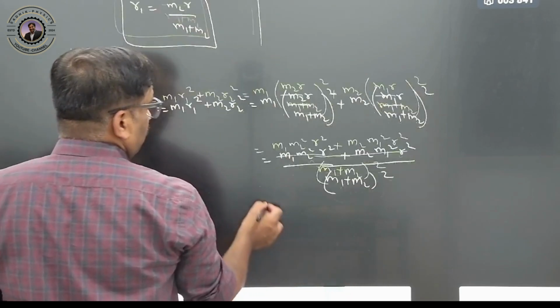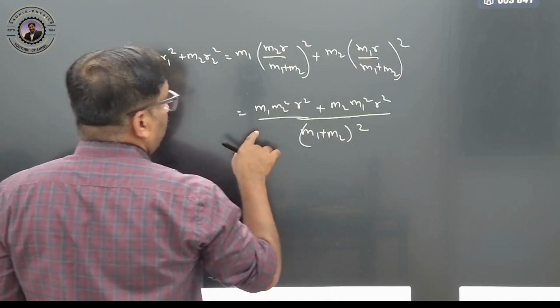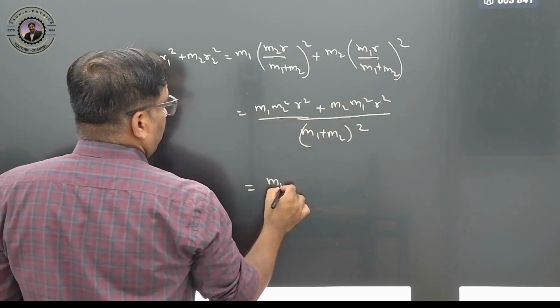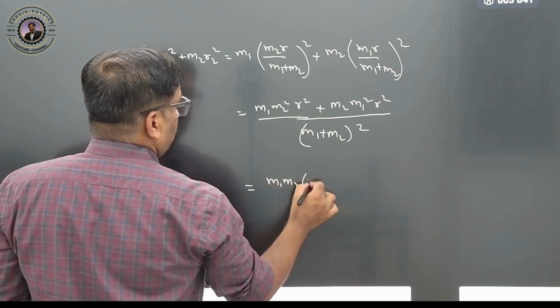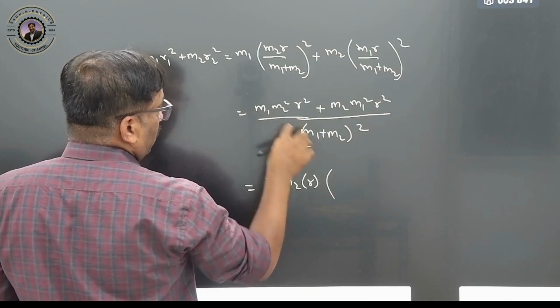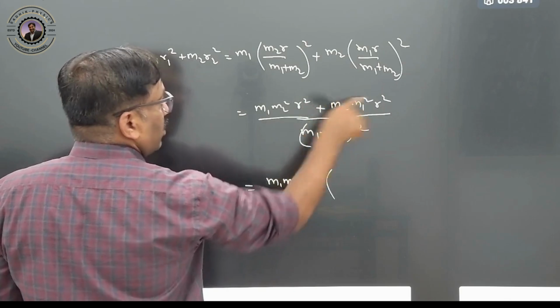Clear? So then we can rewrite it. Here m1 m2 into r we can take common, and r square we can take common.